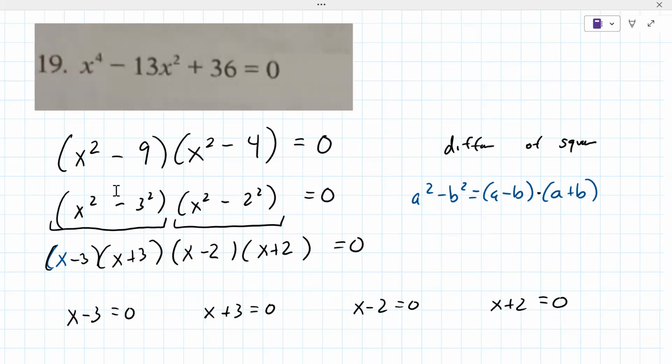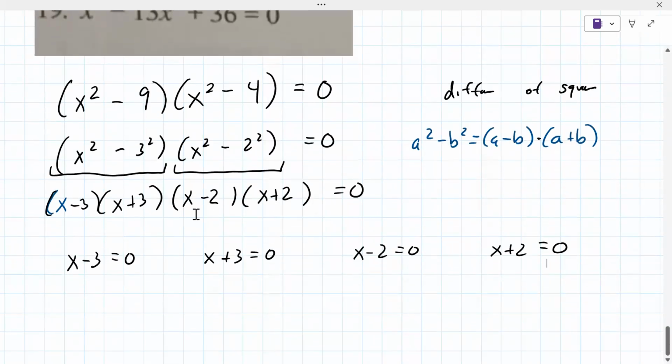Plus 3 equals minus 3, and then x equals 2, and then x equals minus 2. Okay. So I have x equals 3, x equals minus 3, and then x equals 2, x equals minus 2. All right, that is everything.